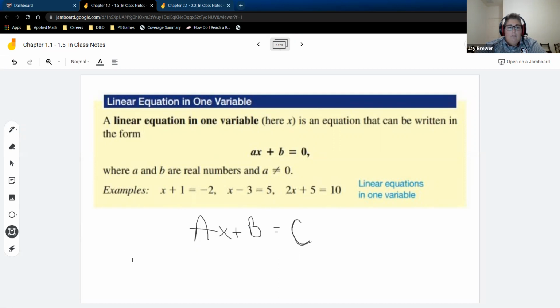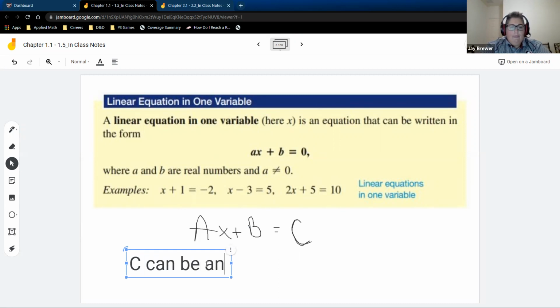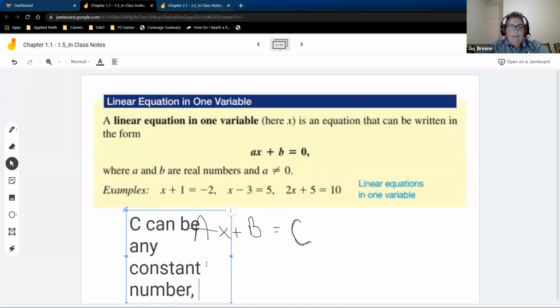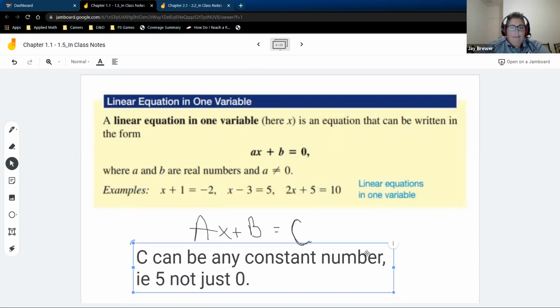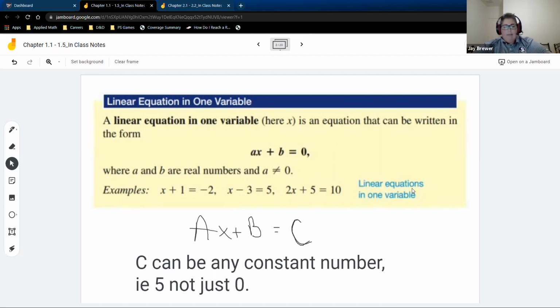So for anyone that doesn't watch this with the audio, let me just write here that C can be anything. Right? So the main two things to pull away from this is that A cannot be equal to 0 because otherwise we would not have a linear equation, and C can be anything, not just 0.